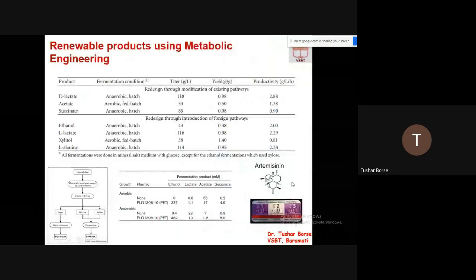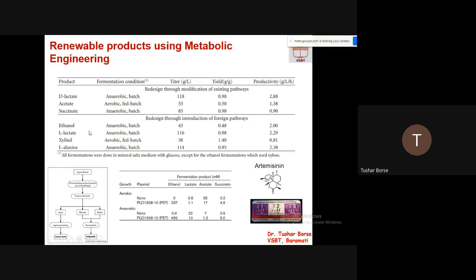So some more examples which I have quoted are renewable products which have been produced by metabolic engineering, right? So it could be lactate, acetate, succinate, through aerobic and anaerobic fermentation, right? If you look here, the productivity was very high in the engineered organisms.